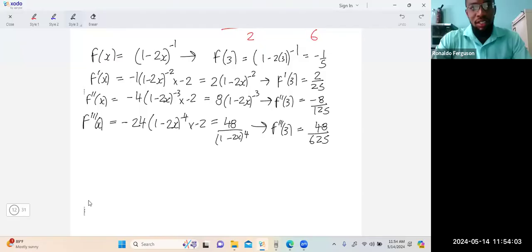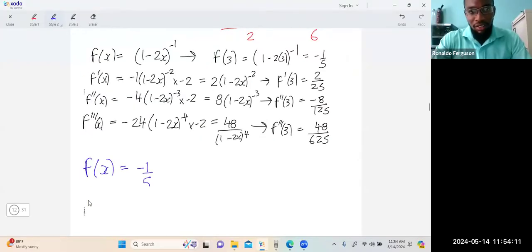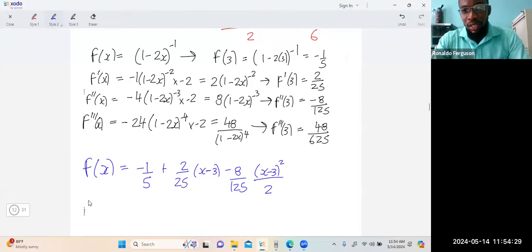So therefore, f of x, which is f of a, was negative 1 over 5, plus f prime of a, so 2 over 25 times x minus 3, plus f double prime, minus 8 over 125 times x minus 3 squared over 2. And then we have plus f triple prime, 48 over 625, in bracket x minus 3 cubed over 6.